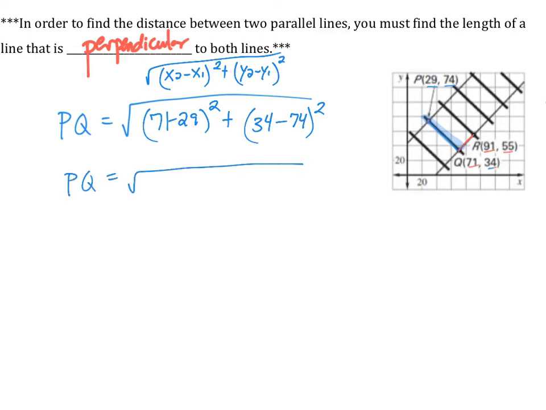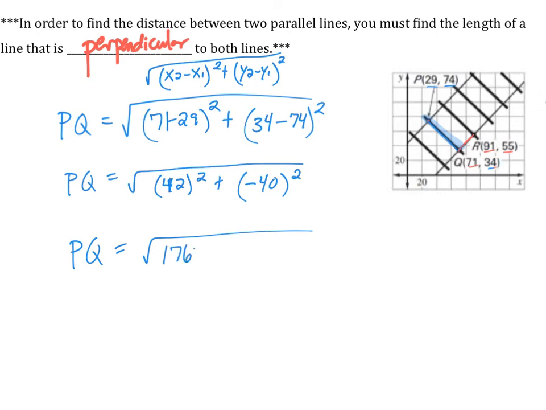So the distance from P to Q is 71 minus 29, which is 42. So 42 squared plus negative 40 squared. 42 squared is 1764. 40 squared is 1600.